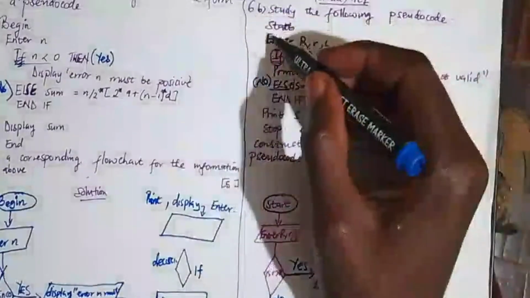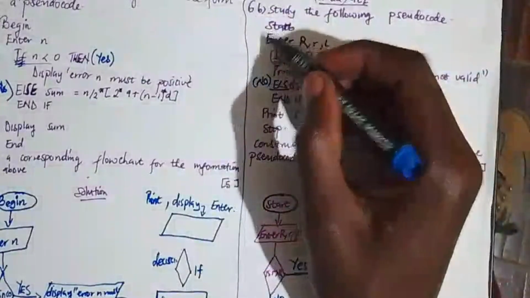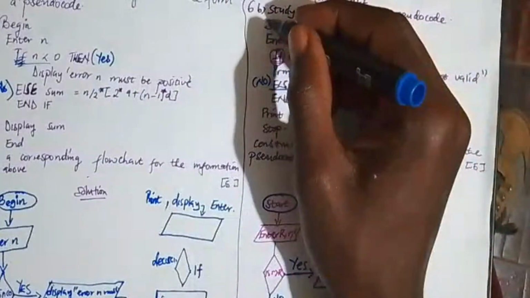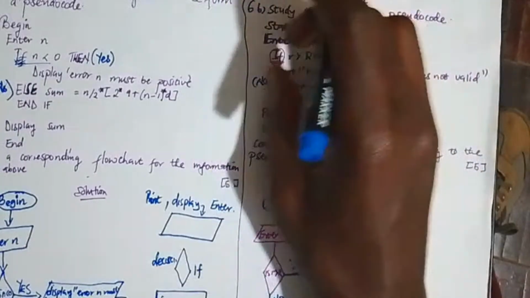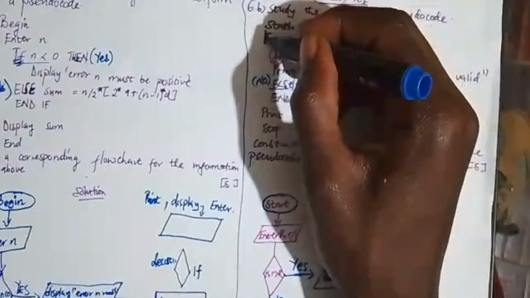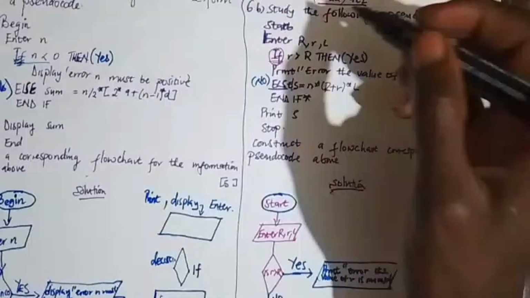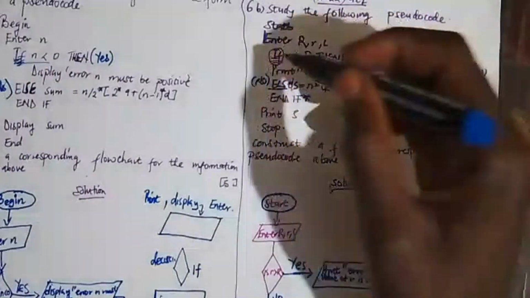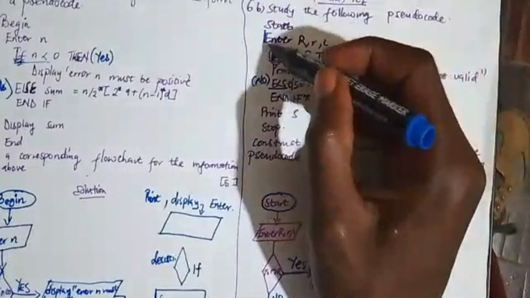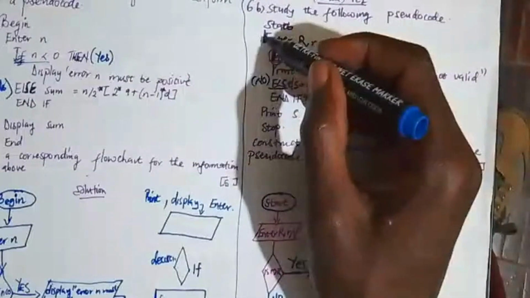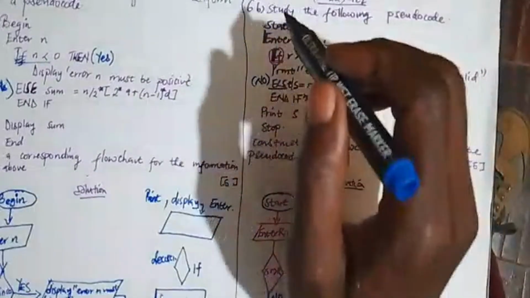Whenever you write enter, enter should be a bit inside after start. That's the first thing. Then if also should be a bit inside, not on the same line as enter, and enter should not be on the same line as start.